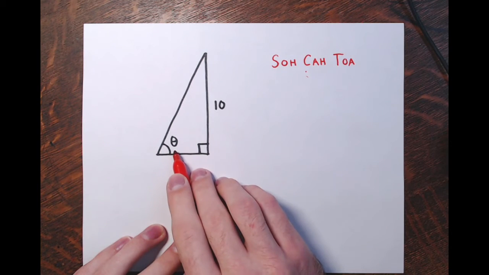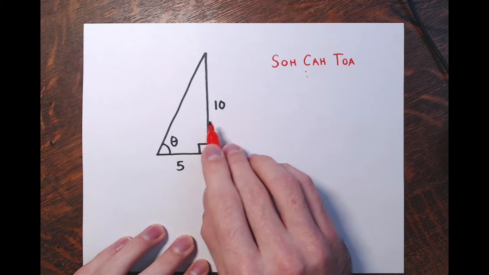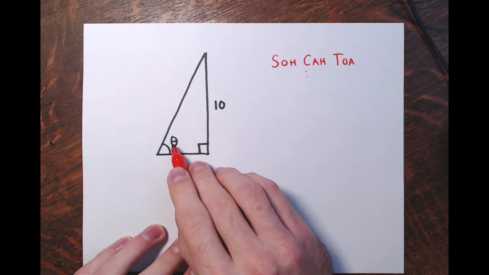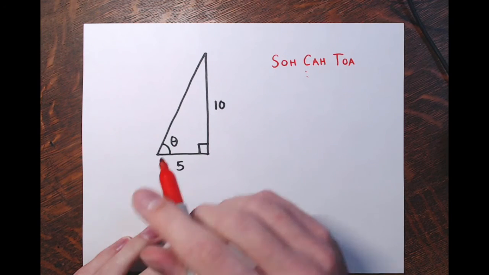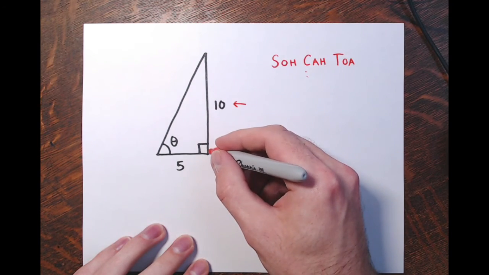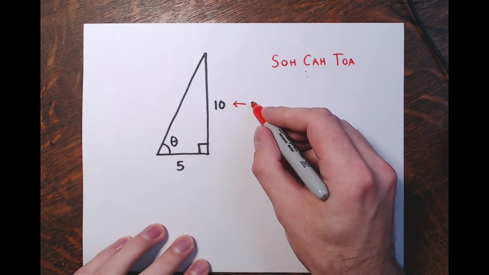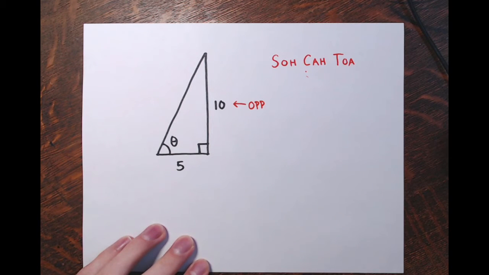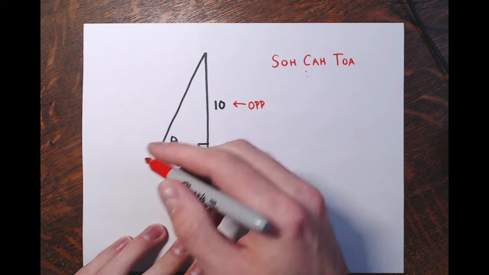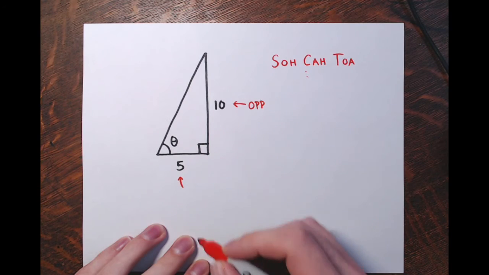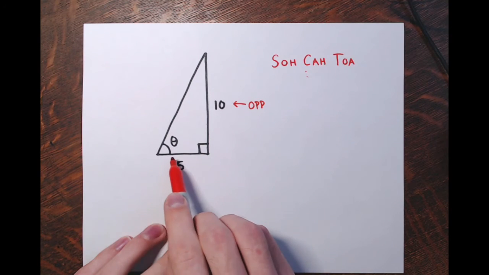Now if we look at angle theta that we're asked to find, and the side lengths that we know, let's see how those side lengths relate to angle theta. This side here with a length of 10 units is the side opposite; I'll put OPP for opposite. That's the side opposite angle theta. And this side here with the other known length, length 5, is the side adjacent.